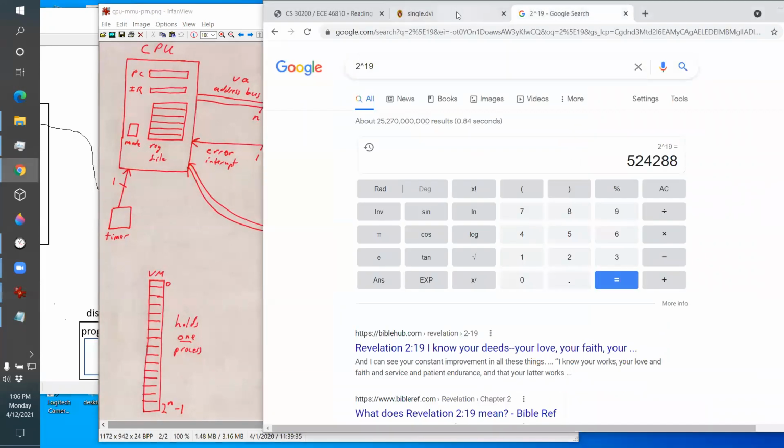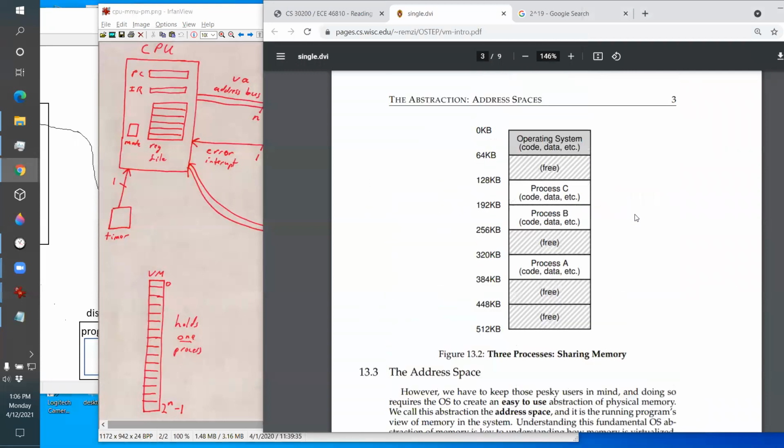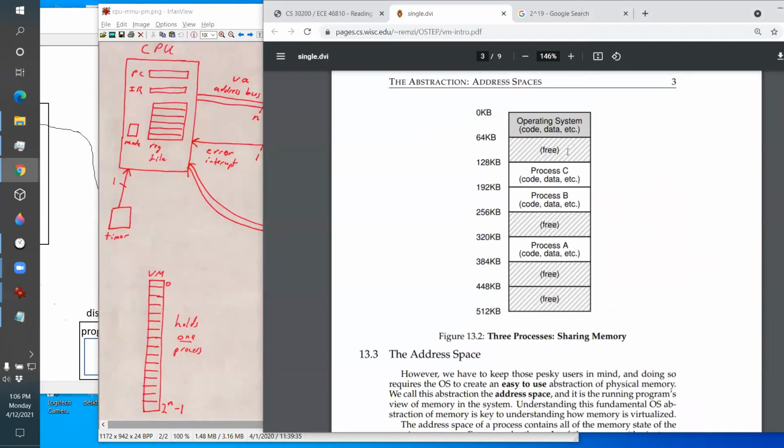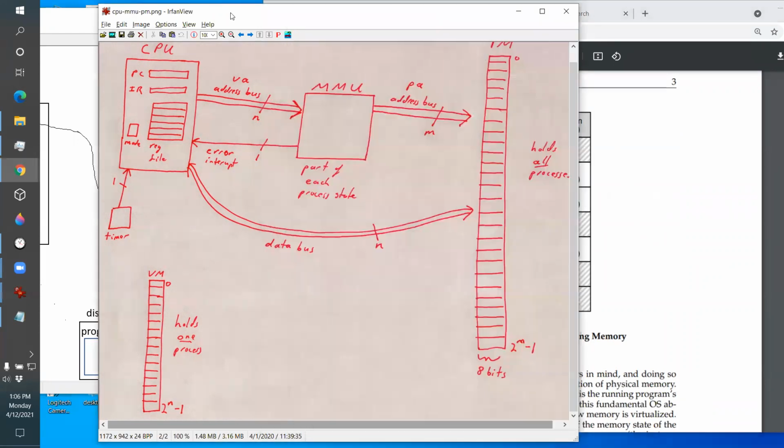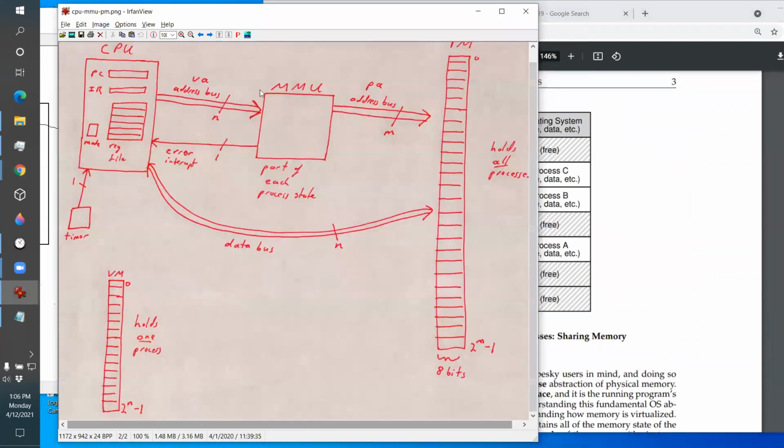So the CPU, when it's in kernel mode, sees all of these. When the CPU is in kernel mode, the memory management unit doesn't do anything, and the program counter can see all of physical memory. When you switch the CPU to user mode, the memory management unit kicks in.